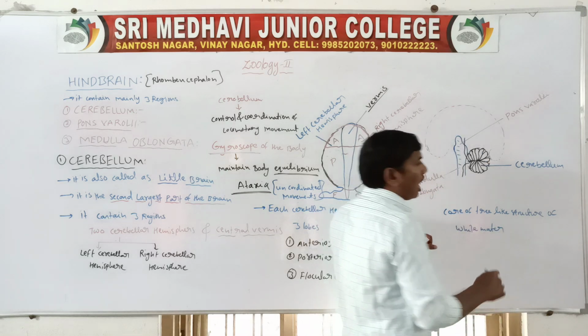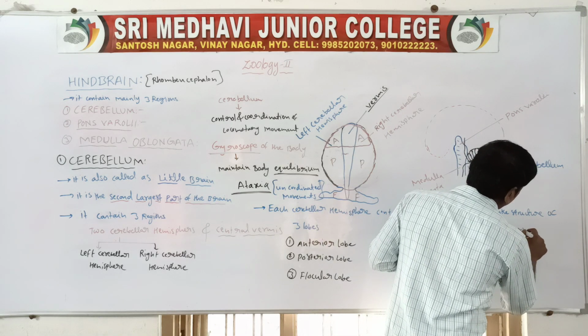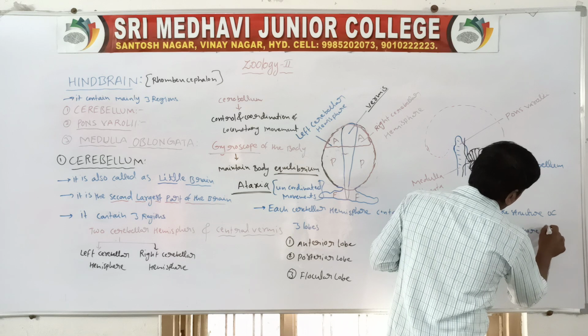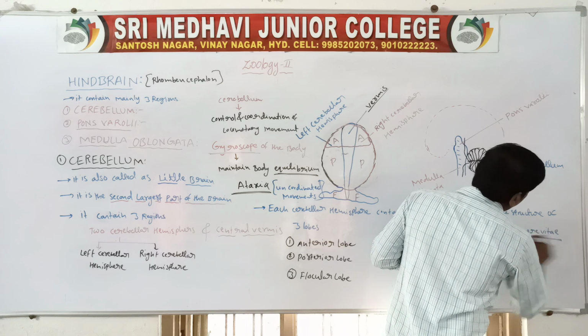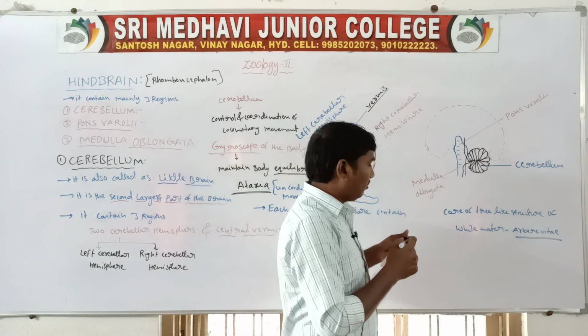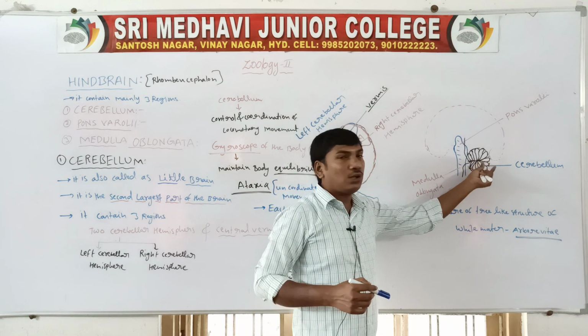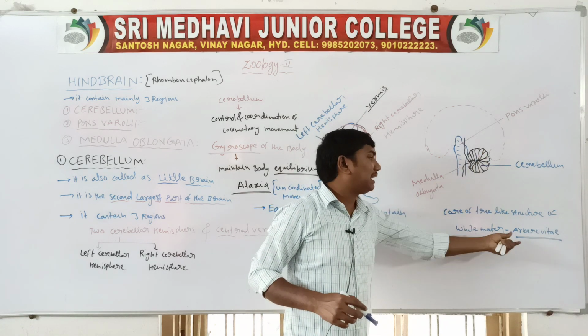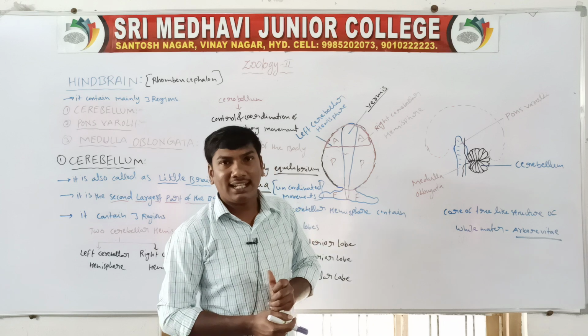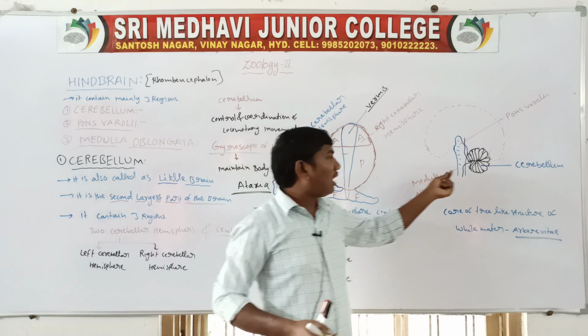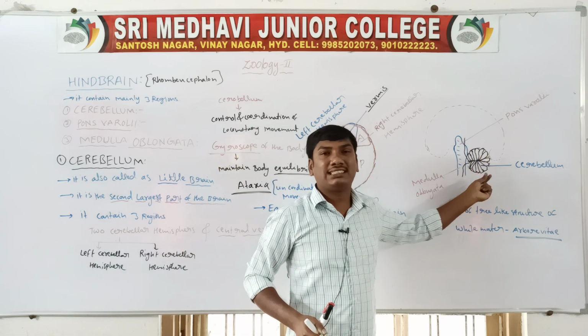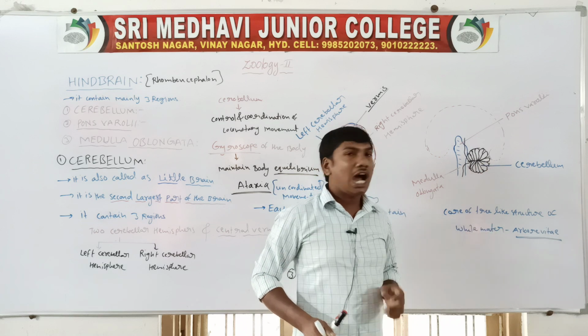The core of white color tree-like structure is called arbor vitae.